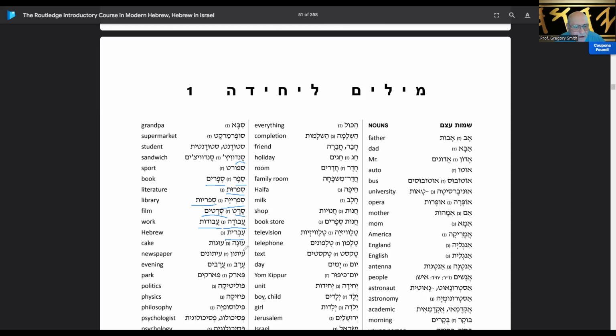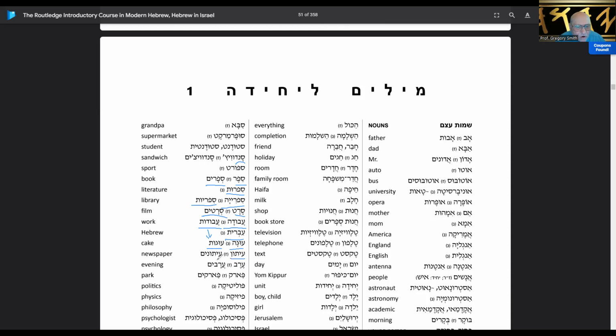Ivrit, Hebrew. Uga, look at that, cake. Ugot for multiple cakes. Notice that it can also be the same word for pies. Interesting.